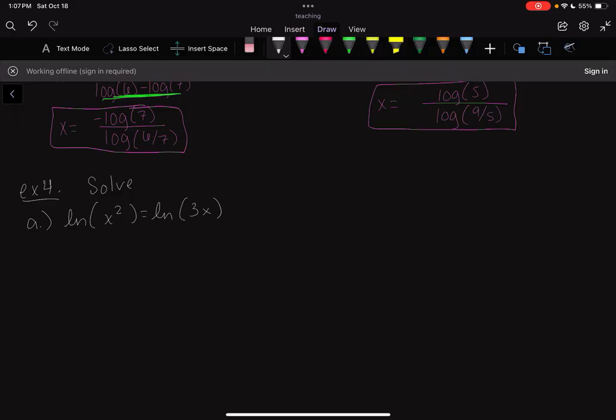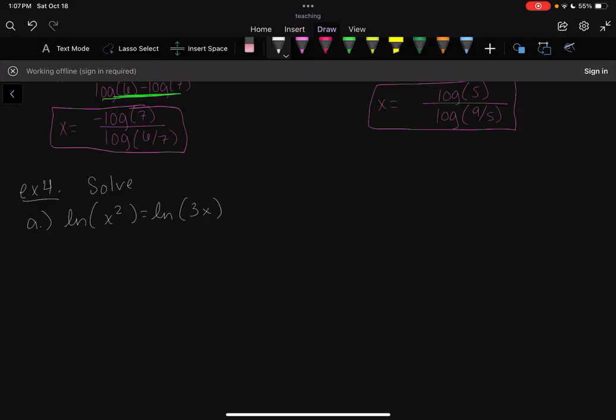Now, something else that I need to mention with logarithmic equations, you need to check for extraneous answers. The reason is, remember when we did square roots, and it's because square roots have certain numbers you don't want to plug in that sometimes we ended up with extraneous answers. Well, logarithms are the same way.